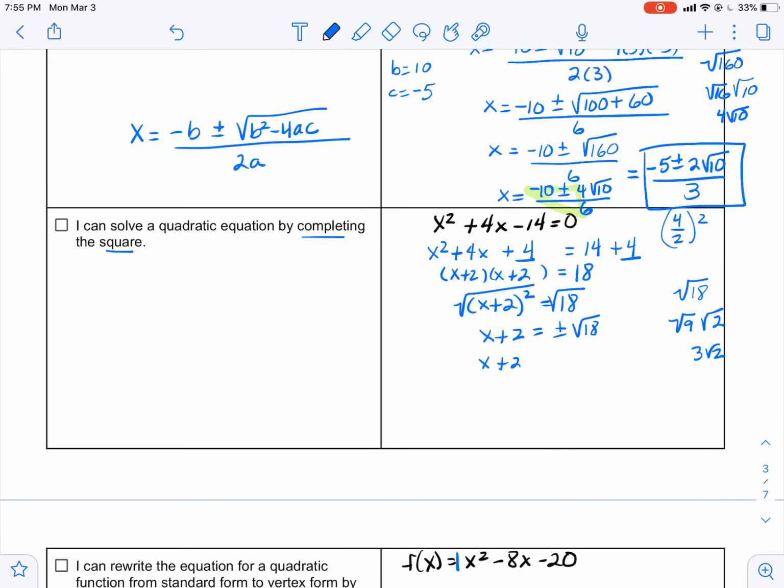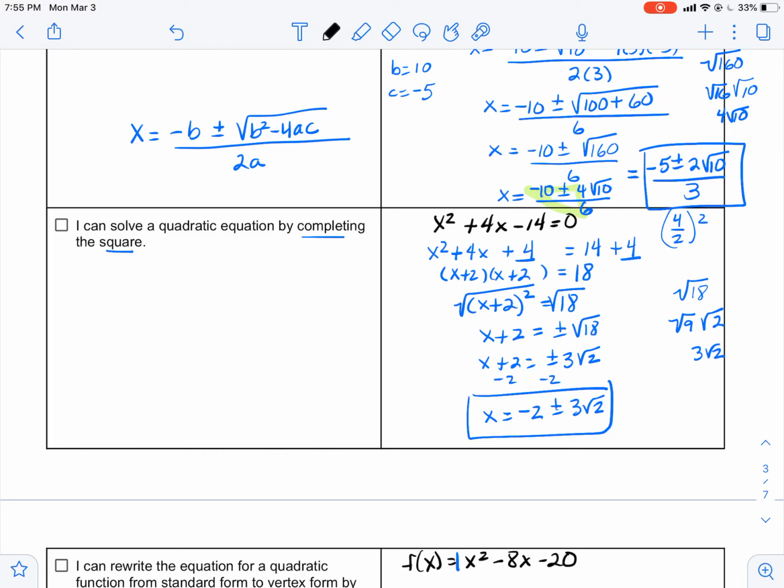So x plus 2 equals plus or minus 3 square root of 2. And then I'm going to move the 2 over. Okay? Now, don't combine that 2 with the 3 or anything else, because this 3 is with the 2. With the radical. So you cannot combine the 2. Final answer. Okay?